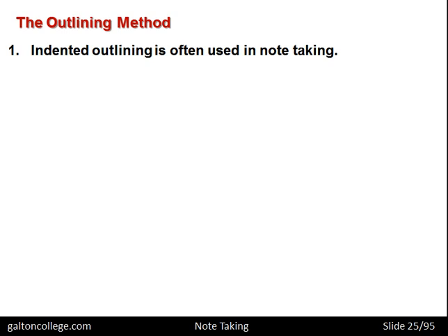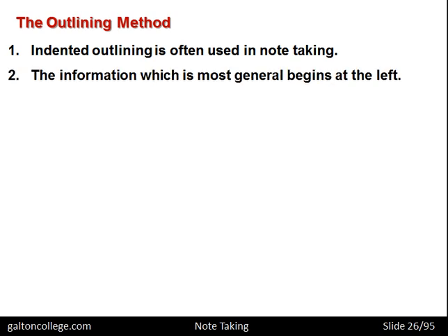Now we're moving on to the second type, the outlining method. And again, I'll just present the notes here. They're very straightforward. They're all self-explanatory, so just make a note of them and make a note of the slide number they're on. So we're on slide 26 at the moment.